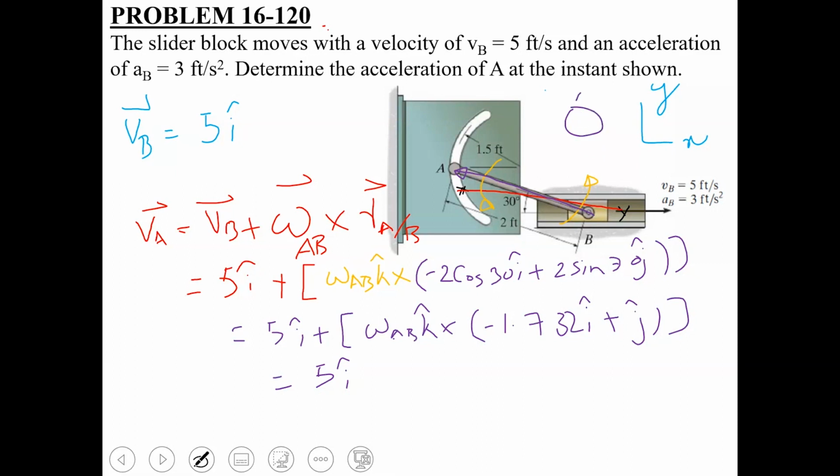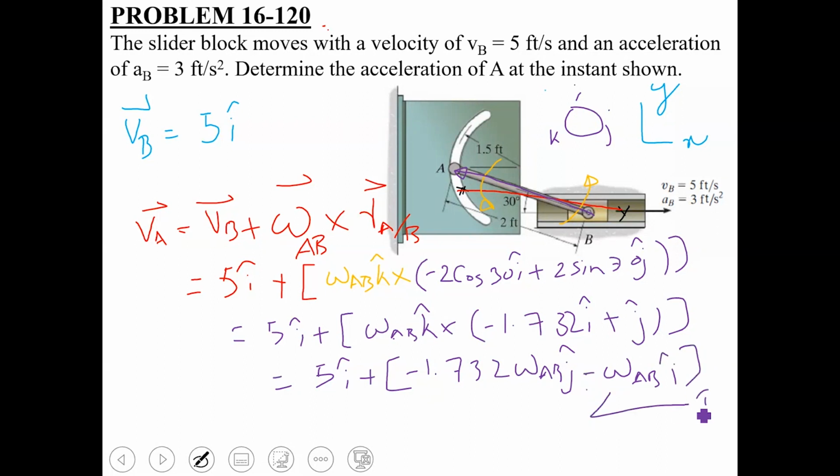Using the unit vectors i, j, k, we can write minus 1.732 omega AB, and k cross i is j, so this first term would be j. Similarly, the second term would be omega AB, and k cross j is minus i, so we put it as minus i. Let us say that this is our equation number 1. I hope that this cross product is clear to all of you.